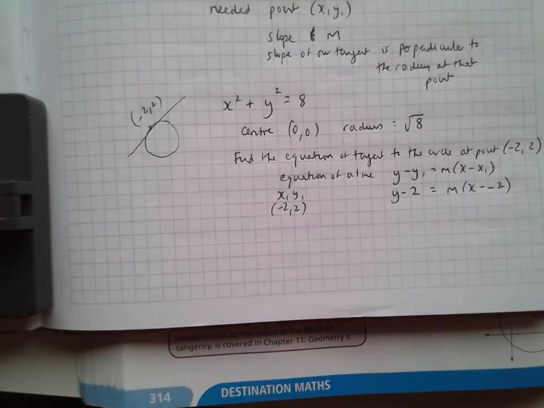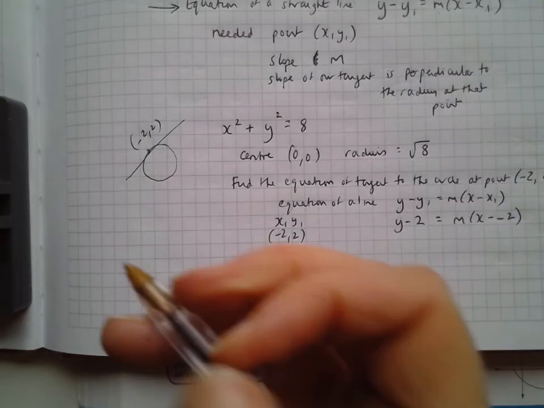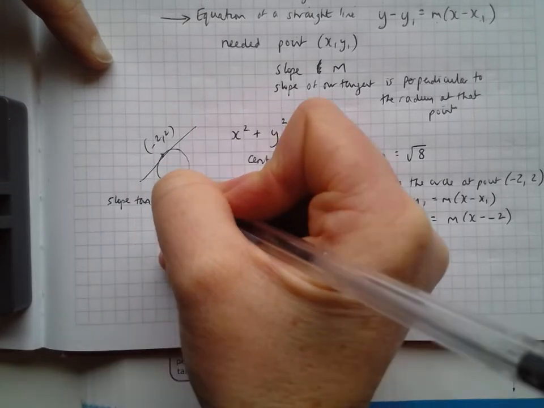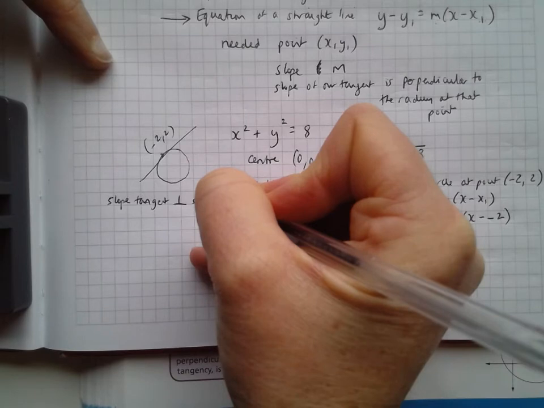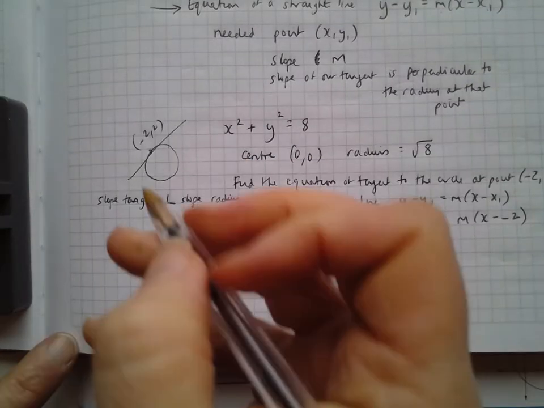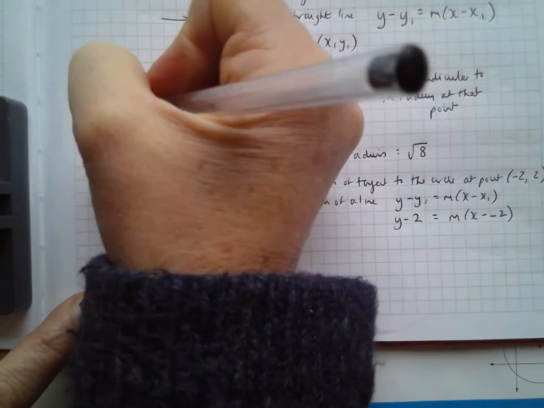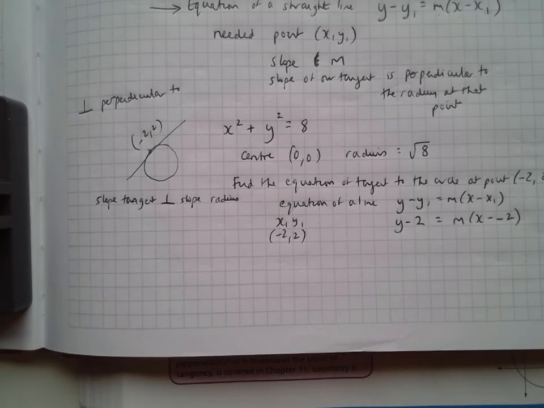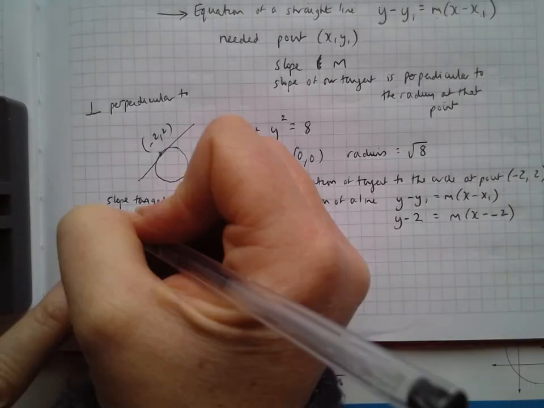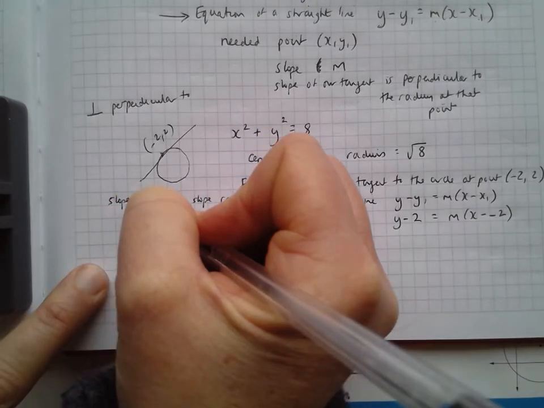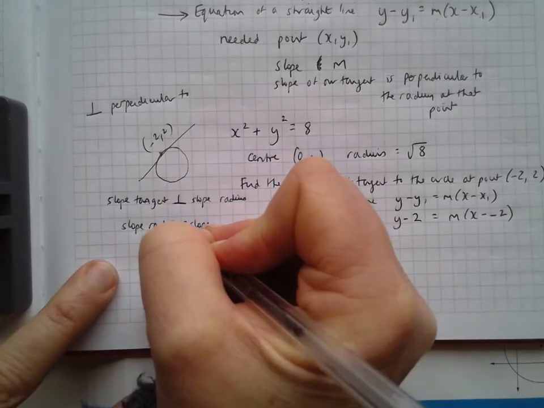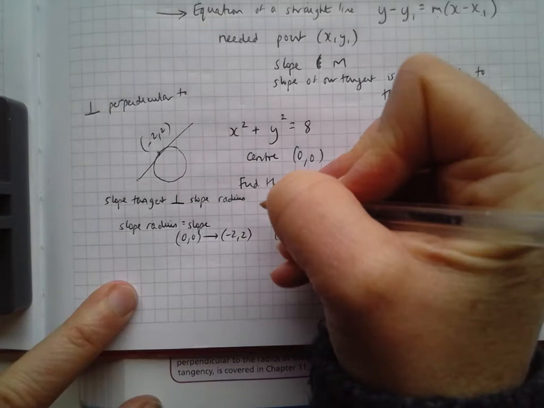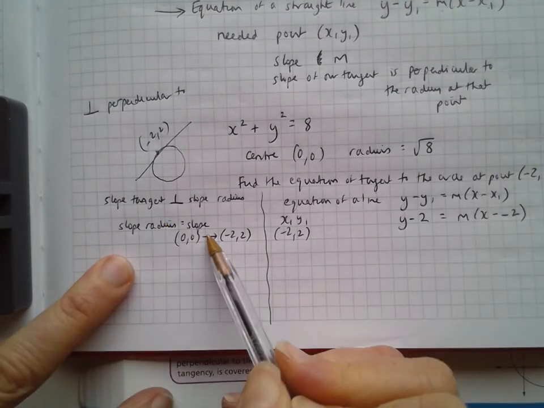Okay, so the slope of the tangent is perpendicular to the slope of the radius. Remember that means perpendicular. So I need to find the slope of the radius. The slope of the radius is the slope of the line joining 0, 0 to minus 2, 2.